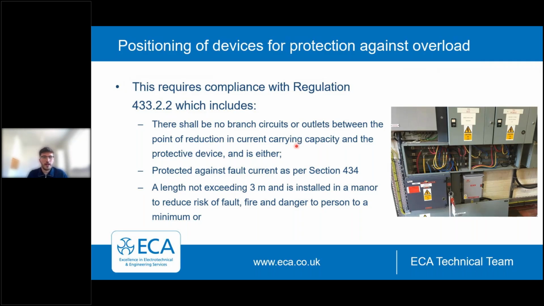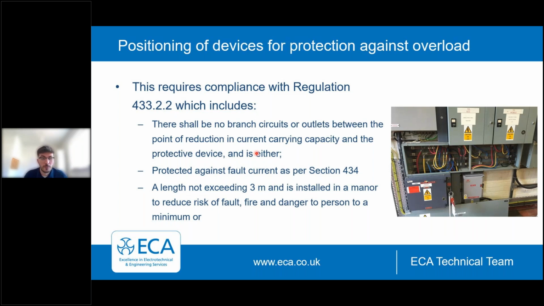Now, high-level information included within this regulation. It tells us there shall be no branch circuits or outlets between the point of reduction in current carrying capacity and the protective device. So there should be no branches between where the reduction has occurred and where the protective device downstream has been placed.